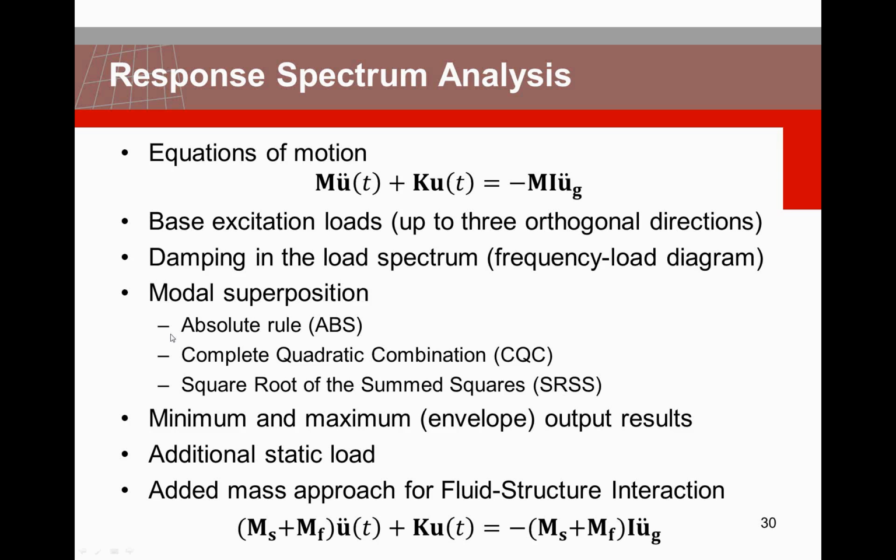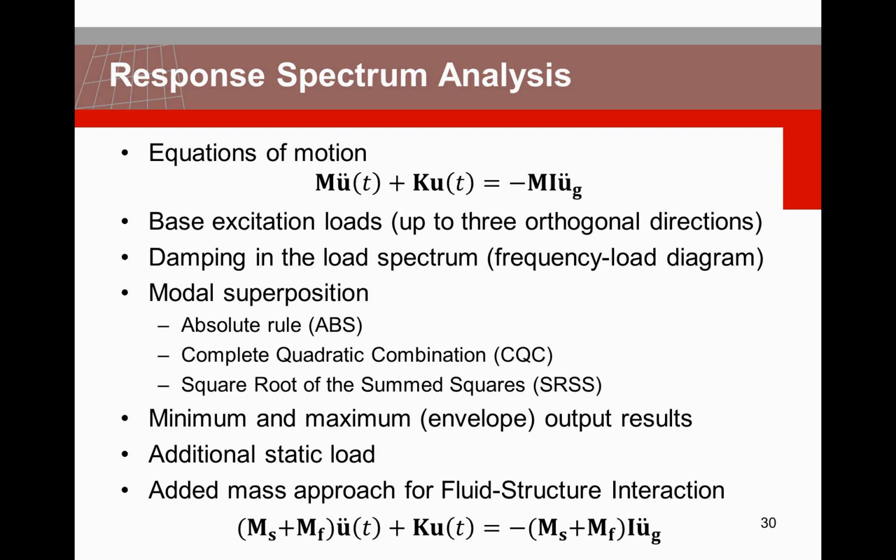In between them there is the so-called complete quadratic combination, which takes into account that for modes closely spaced in frequency, so if the eigenfrequencies of modes are close to each other, it is more likely that their amplitudes occur at the same time.